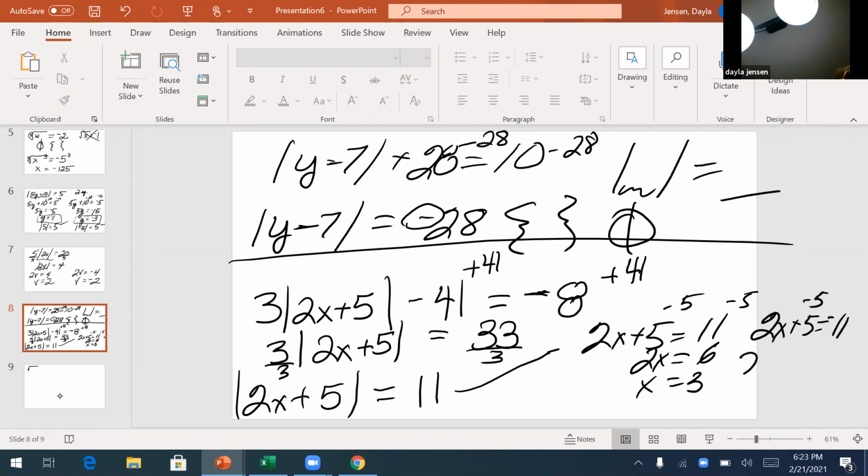So 2x equals -16. Divide both sides by 2, x equals -8. And if I check both of those in the original equation, I recommend that you do that to make sure that they both are true statements. So there's some absolute values for you.